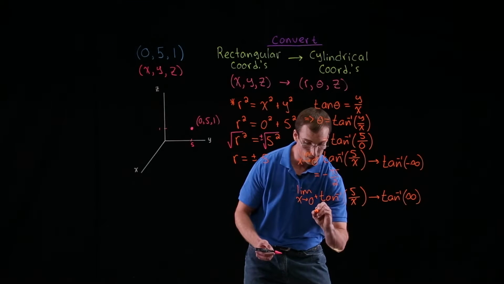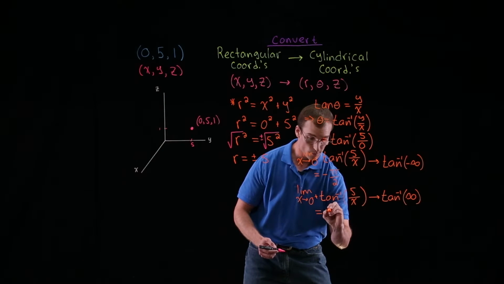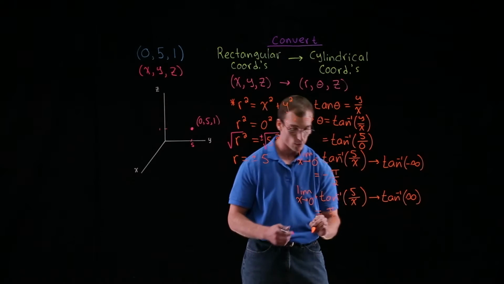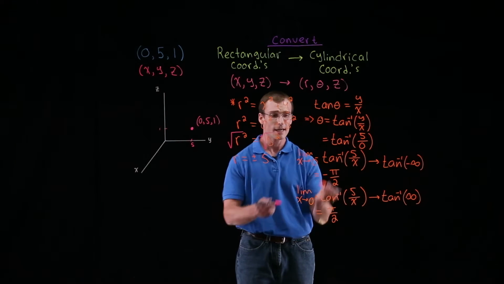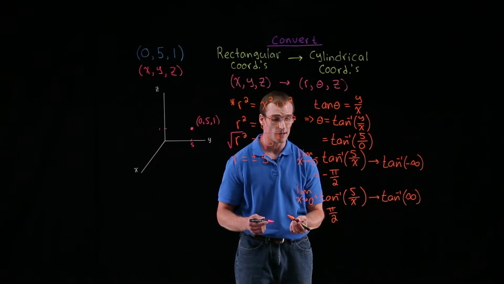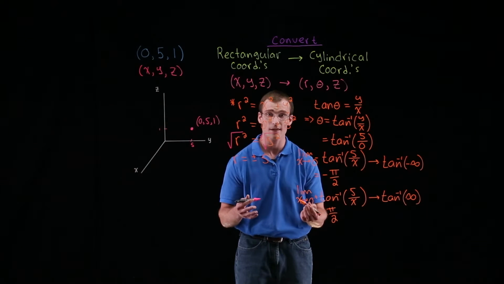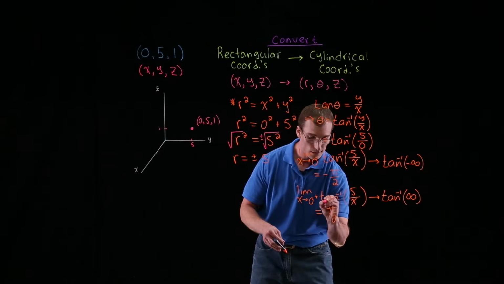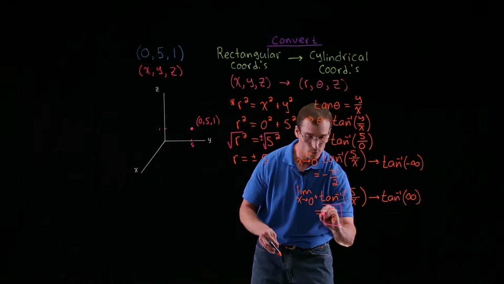From the graph of tangent inverse, as x goes to positive infinity, we know this is positive pi over 2. So again, it looks like we have two candidates for what theta could possibly be. Now the convention is to take theta moving counterclockwise, as a positive angle. So we're going to take theta as pi over 2.